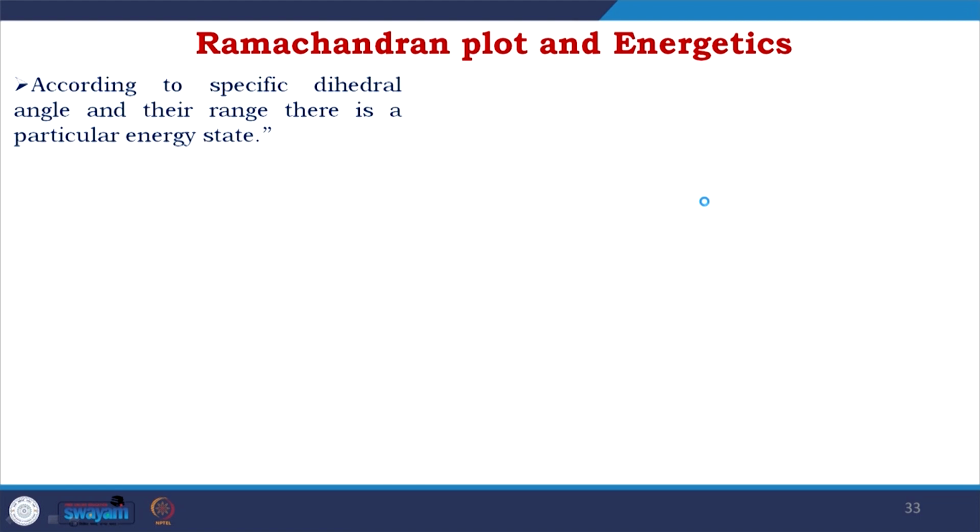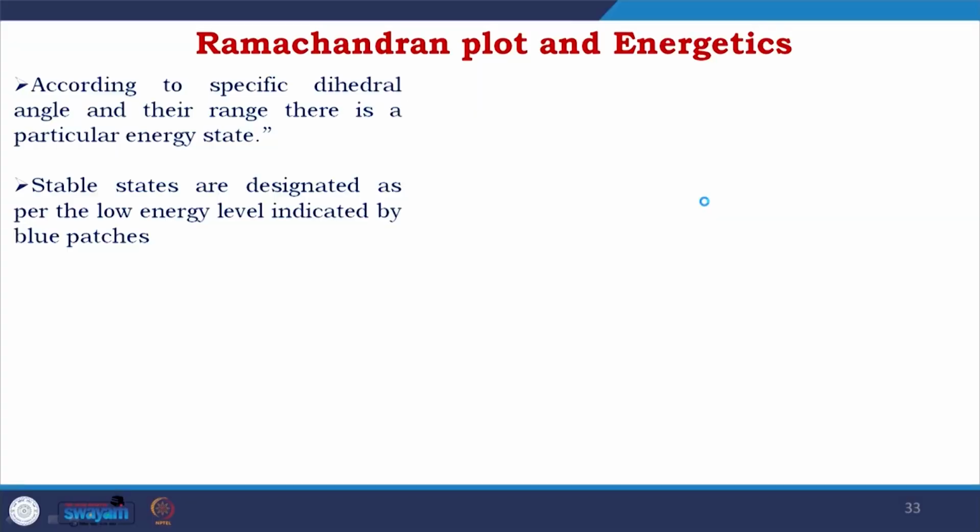So, according to specific dihedral angles and their range, there is a particular energy state. Because of the rotation, they would be in a sterically allowed position, and the conformer state they are in has its own particular energy state.